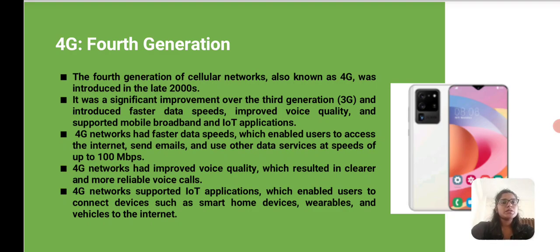It was a significant improvement over 3G, with faster data speeds, improved voice quality, and support for mobile broadband and even IoT applications. 4G networks had faster data speeds, which enabled users to access the internet, send emails, and use other data services at speeds of up to 100 Mbps. 4G networks had improved voice quality, which resulted in clearer and more reliable voice calls. 4G networks support IoT applications, which enable users to connect devices such as smart home devices, wearables and vehicles to the internet.